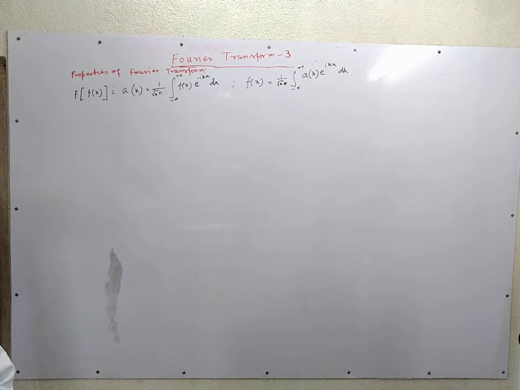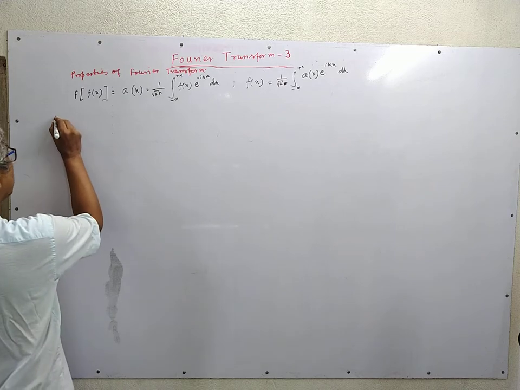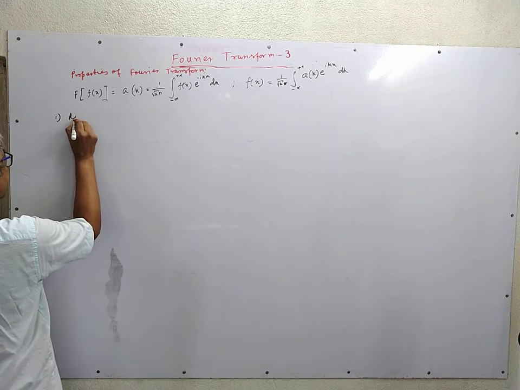First we come to the linear property. Property number 1 is linear property.